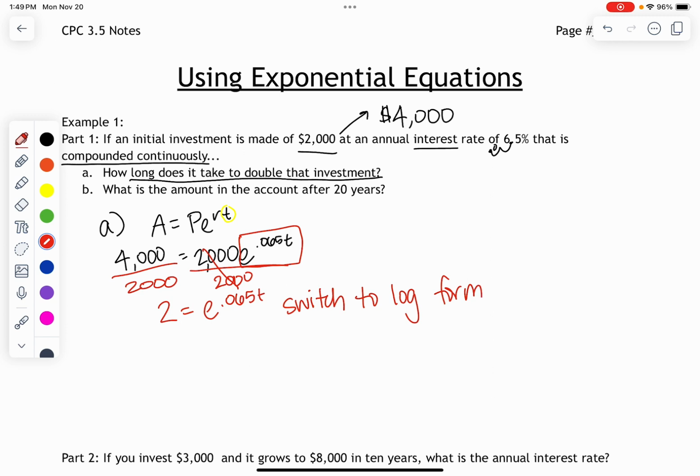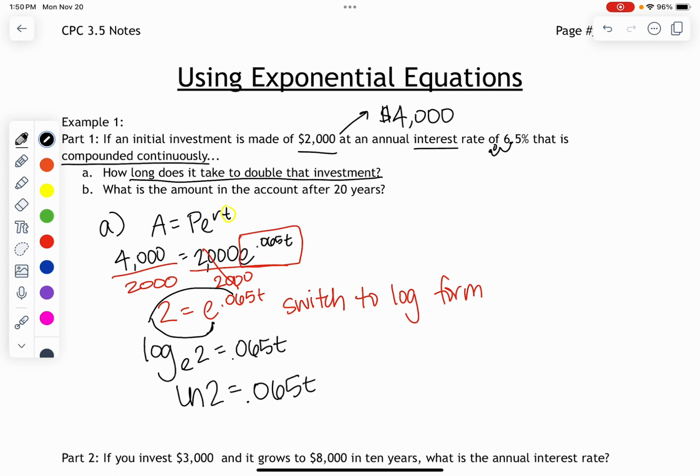So I'll write log base e of 2 equals 0.065t. So this is me switching forms. Log base e is natural log of 2. And then I just want to solve for t, so I will divide both sides by 0.065.